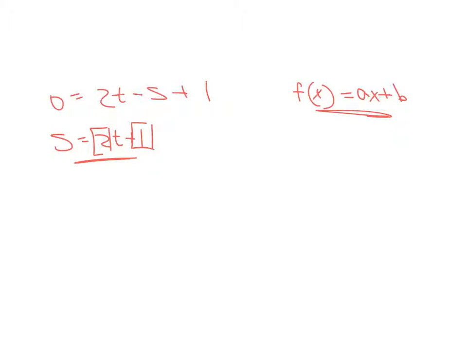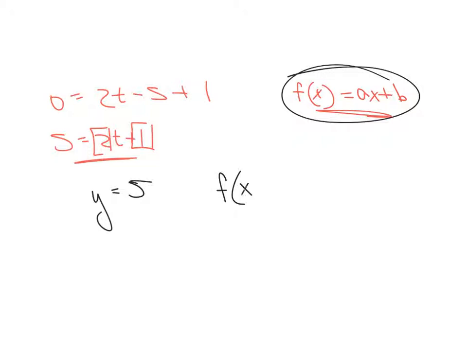Now look at b. b says y equals 5. And now we have to figure out whether b is a linear function. So can we write it as y equals ax plus b? Sure we can. f of x, or y, equals 0x plus 5.